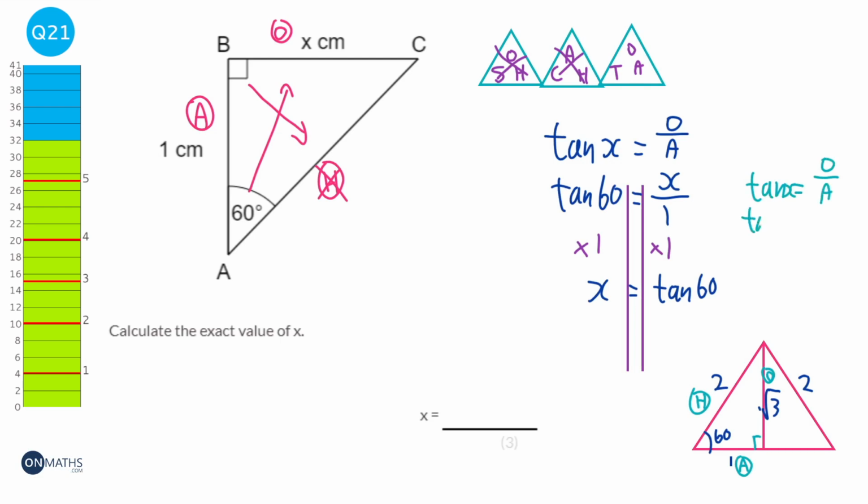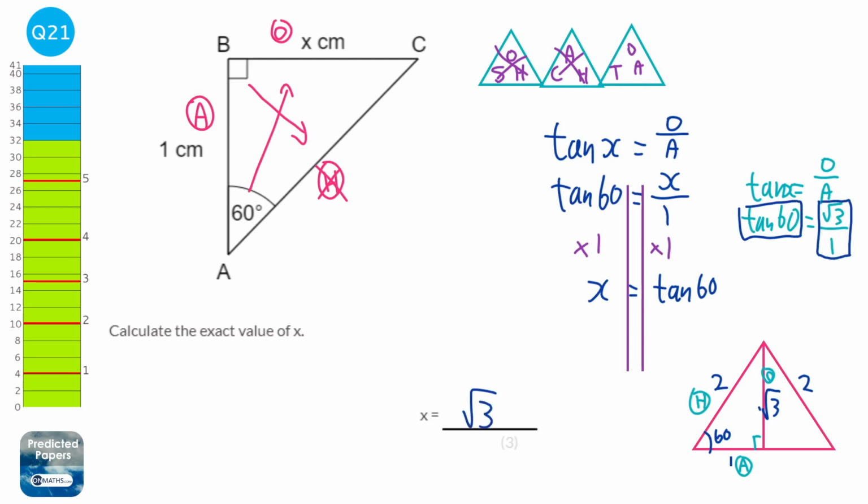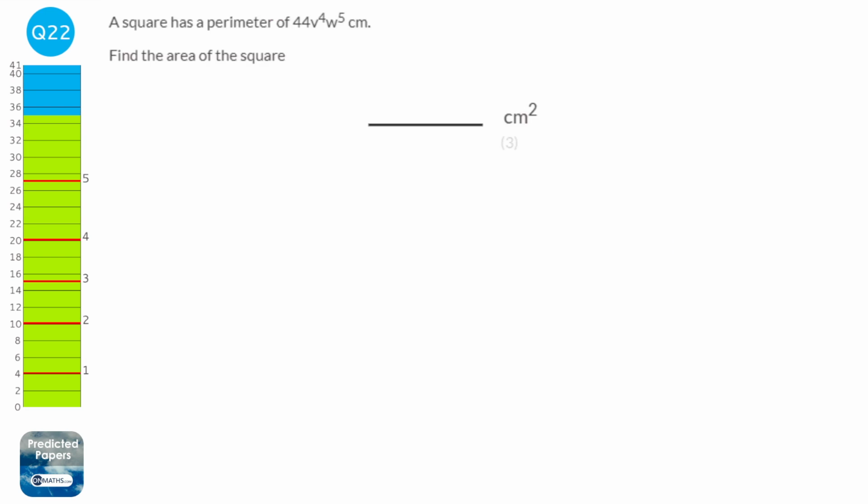And so tan 60 is going to be the opposite, which is root 3, over the adjacent, which is 1 in our diagram there. So tan 60 is the same as root 3 over 1, or just root 3.